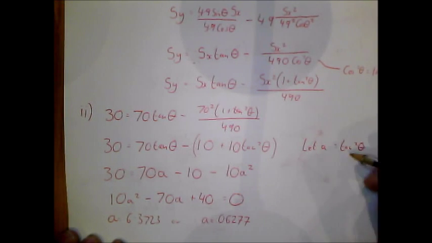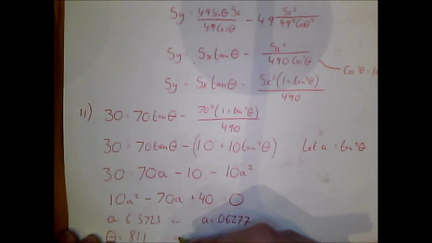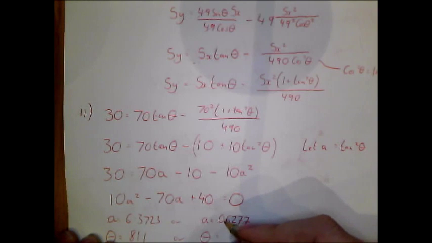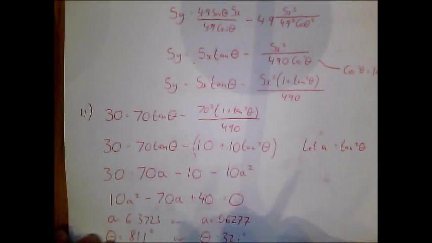So using A equals tan theta, we'll eventually get a theta value of either 81.1 or a theta value of 32.1 degrees. And that's part 2.